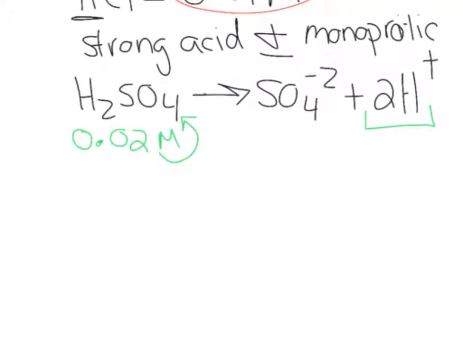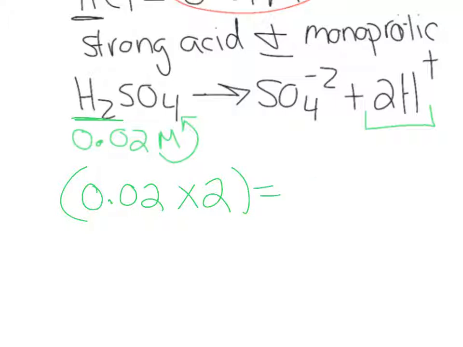If you have a strong acid that is polyprotic, meaning multiple hydrogens, you have to multiply by the number of hydrogens. So we have 2 hydrogens, therefore our concentration of hydronium is 0.04. Then you can plug that in, negative log of 0.04.